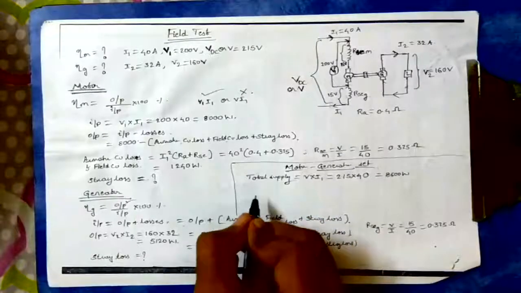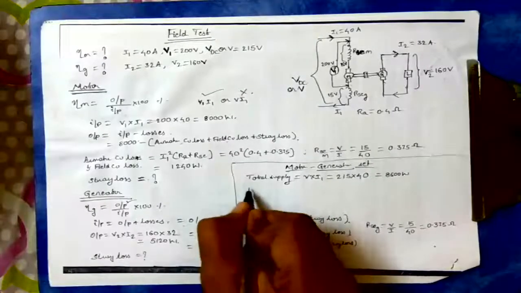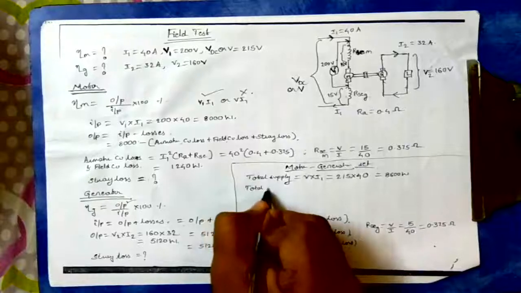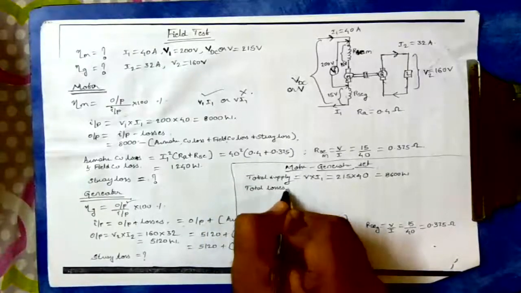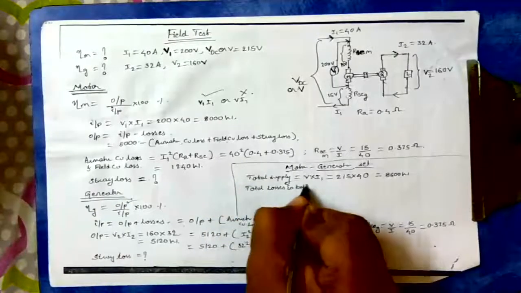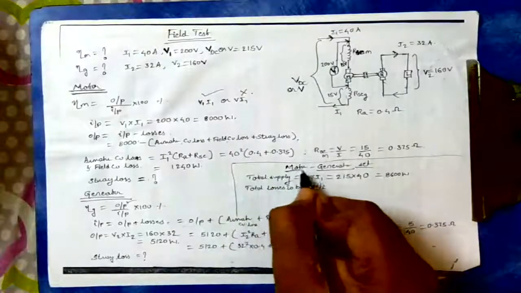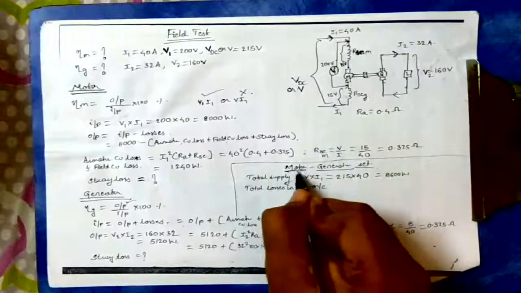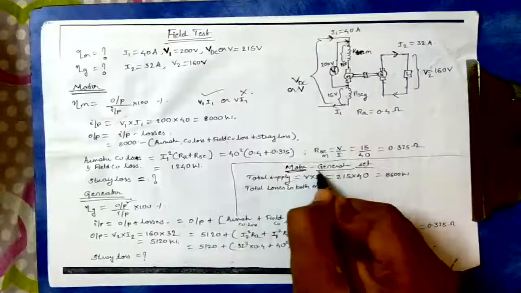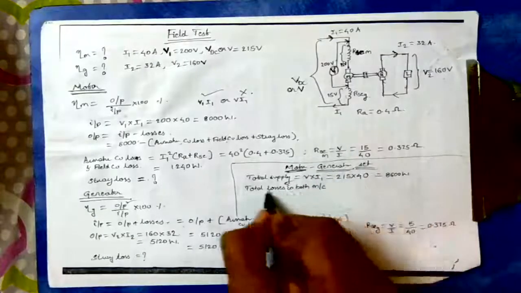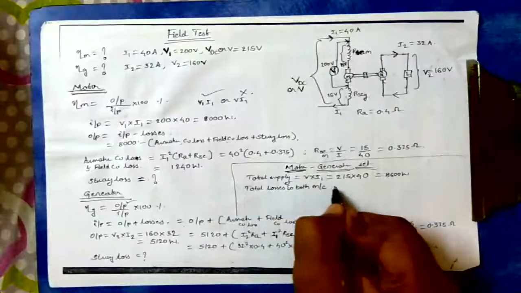Again, total losses in both machines. Whatever we are doing here with the motor generator set, we are doing only for the sake of calculating stray loss. Total losses in both machines is a combined loss.